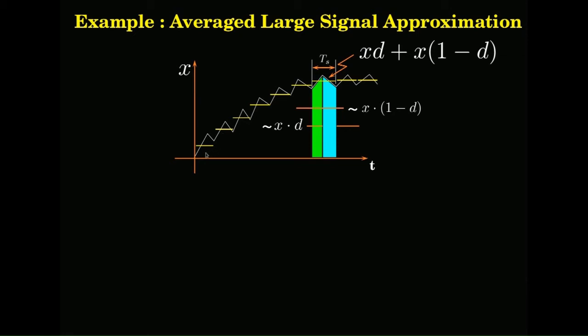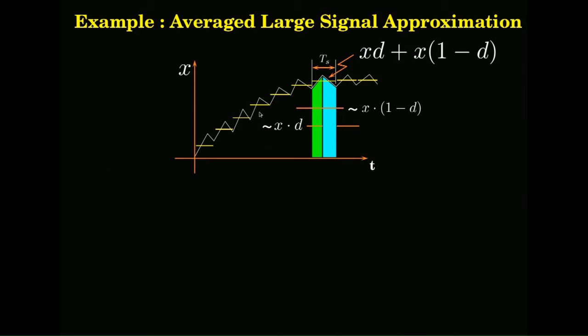So, this is called the large signal approximation, the yellow flat top shaped curve. The white curve is the actual large signal. Is that clear?